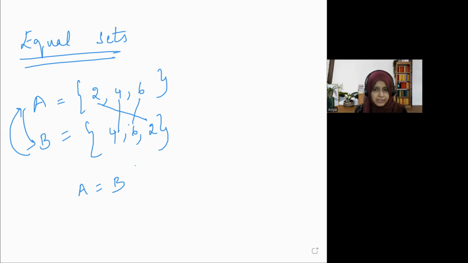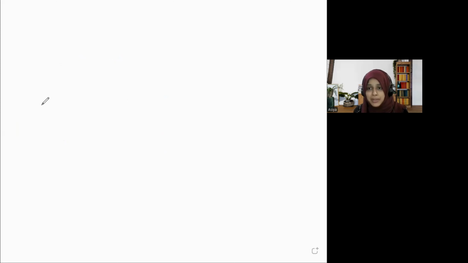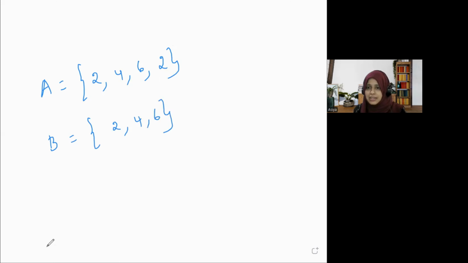let us see another example. The elements may repeat. We have discussed in our last class that elements do not repeat. Let us see what happens if elements repeat. Now, 2, 4, 6, 2. This is my set A in roster form. Let me write down set B. 2, 4, 6. Now, are they equal sets? Yeah, let us check. What did I say?